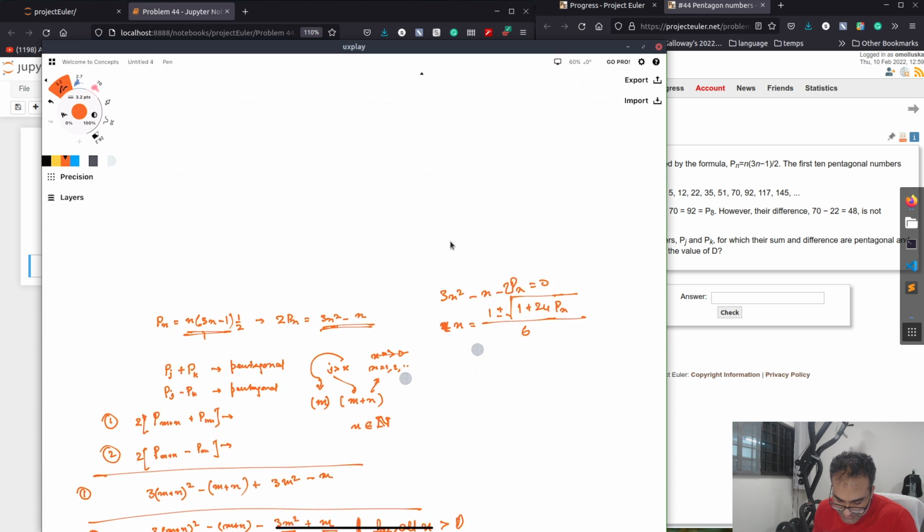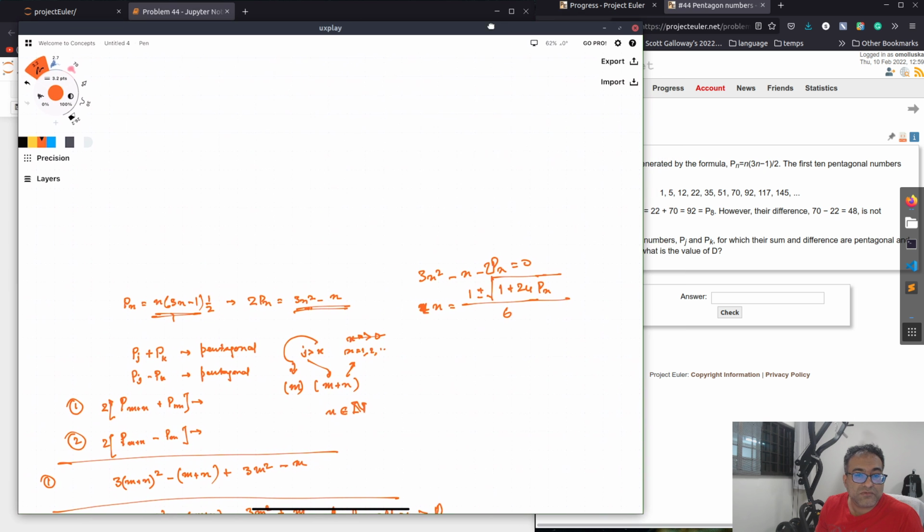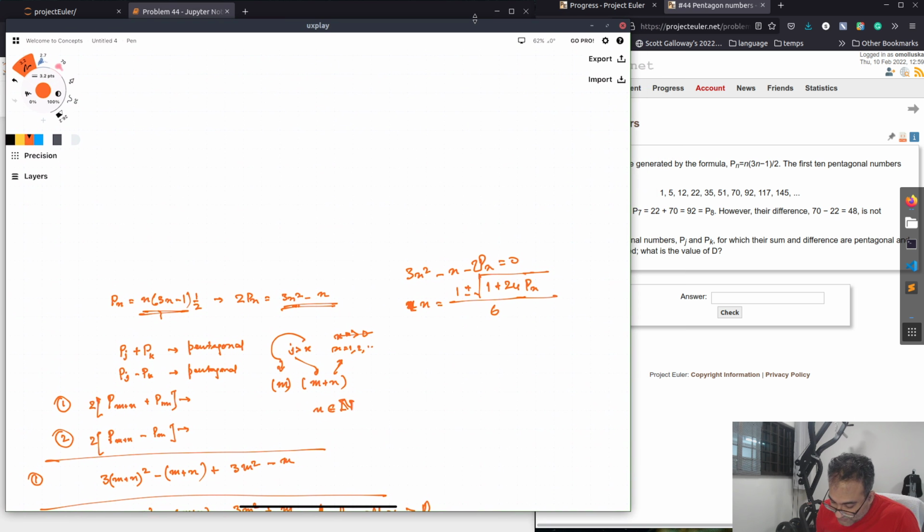Okay, so let's check. Let's check. So if we look at 1, 24 plus 1 is 25. Square root of that is 5, right? Then plus minus 1. So this cannot be a negative because this will always be greater by 6. So 6 by 6 is 1. Yeah, so this is correct.